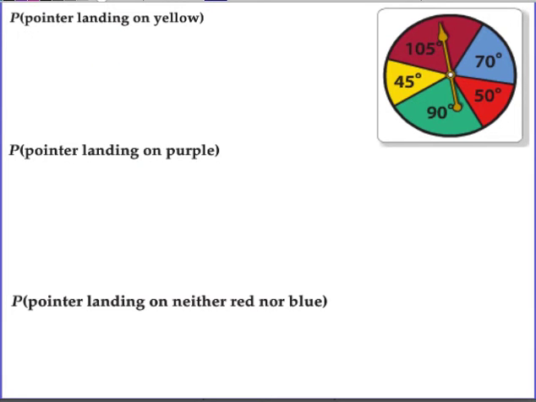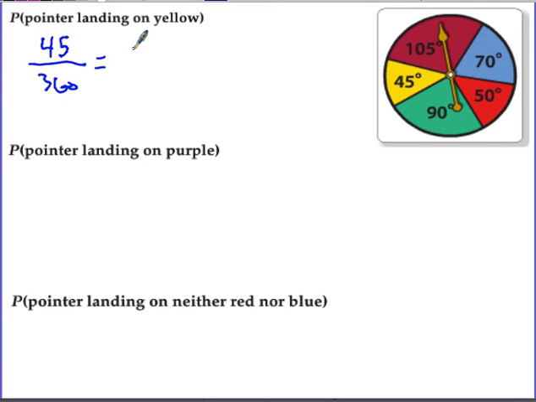It's 45 degrees out of 360 degrees. So 45 over 360. We could simplify that, or we could just turn it into a percentage.